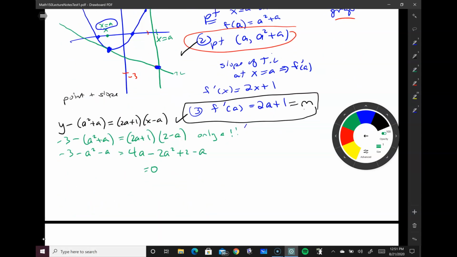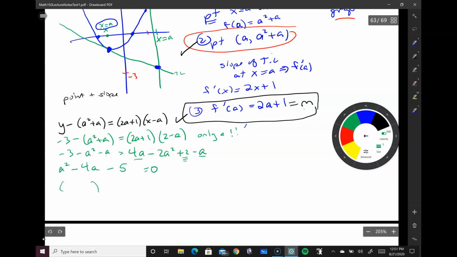If I add 2a squared over here, I'll get a positive a squared. These two together would give me a 3a. And if I subtract over here, I'll get a negative 4a. And if I subtract this over to the other side, I'll get a negative 5.